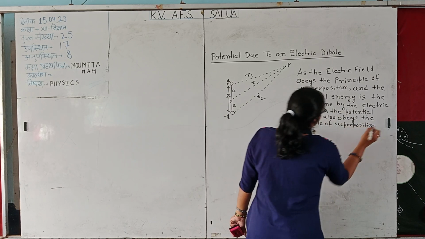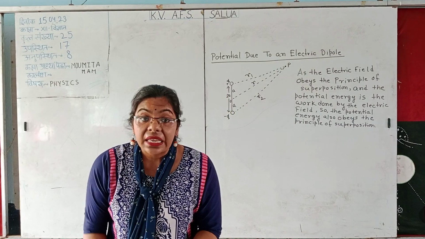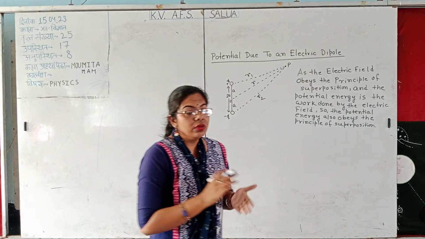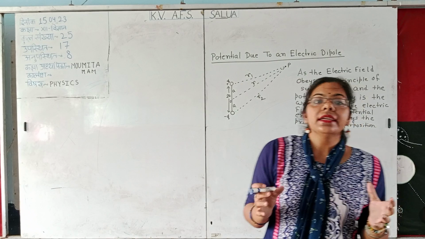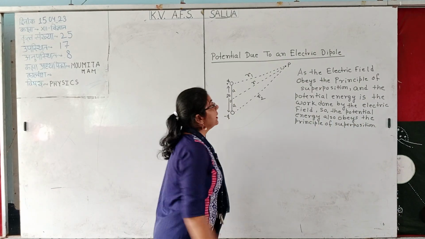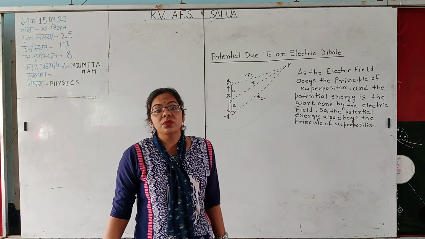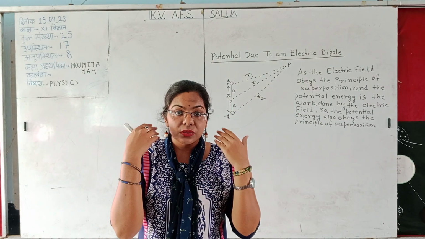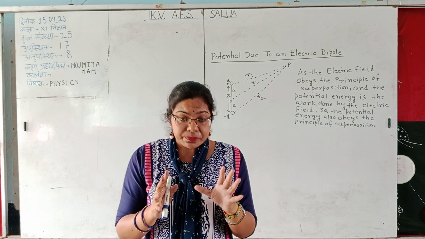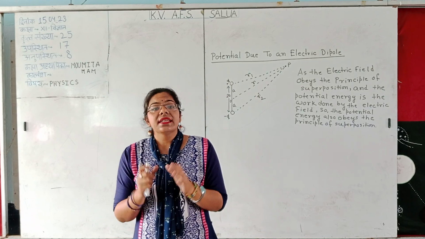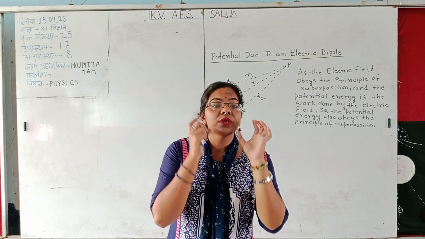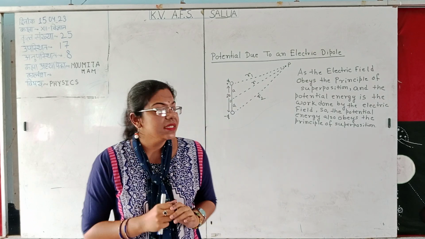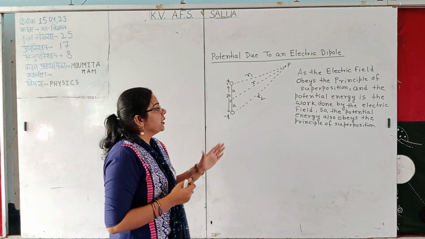Okay, what it is saying is that, as you know from your previous chapter, the electric field obeys the principle of superposition. So you can say that the total electric field of any system of charges is nothing but the sum of the individual electric fields of the charges.